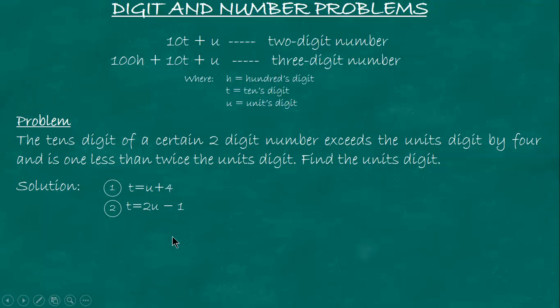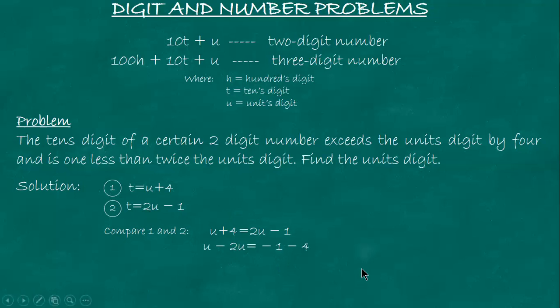After this, we have 2 equations with 2 unknowns. Depending on which method you use. But in this case, it's easier to compare. So compare the two t's: u plus 4 equals 2u minus 1, and then simplify.